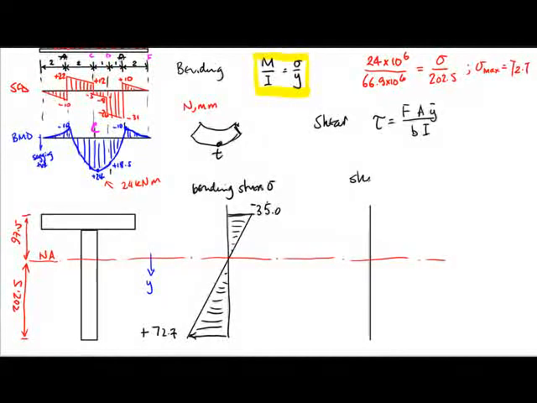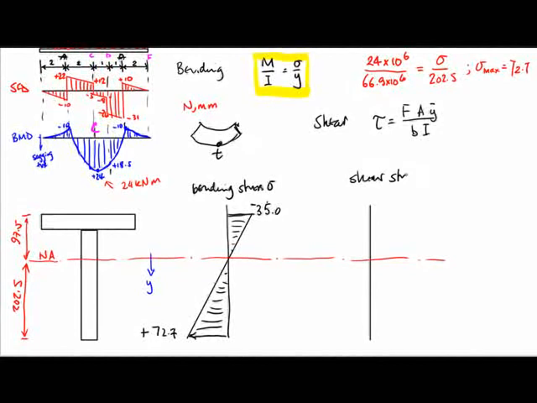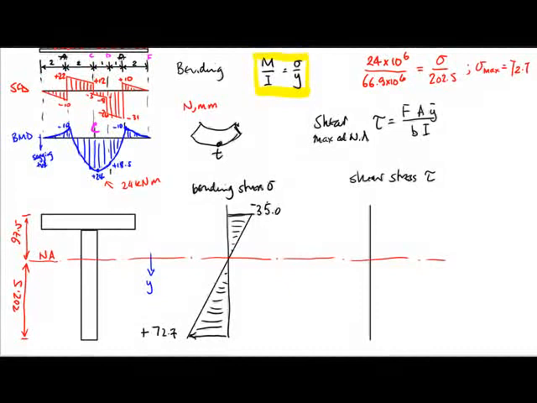So if we plot the shear stress tau, it is very unlike the bending stress in that the shear stress is max at the neutral axis. So the shear stress is maximum at the neutral axis level, whereas the bending stress is actually 0 at the neutral axis.